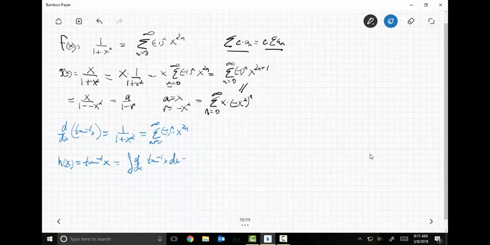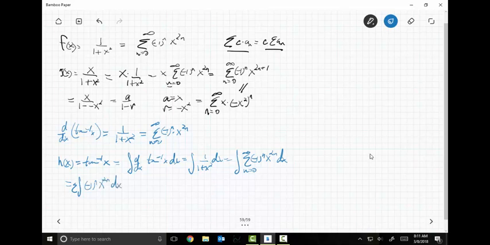Well, that means that this is equal to the integral of 1 over 1 plus x squared dx, which is also equal to the integral of the sum, as n goes from 0 to infinity, of negative 1 to the n, x to the 2n, dx. The integral of the sum is the sum of the integral. So this now becomes the sum of the integral of negative 1 to the n, x to the 2n, dx.